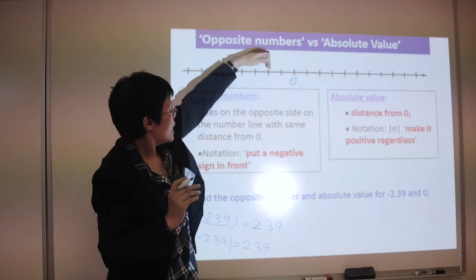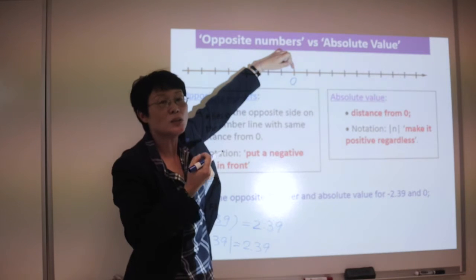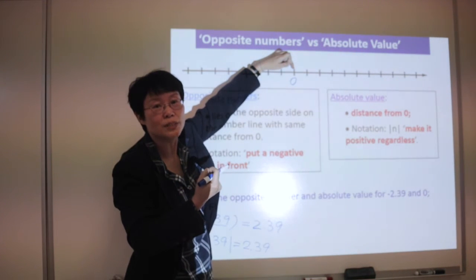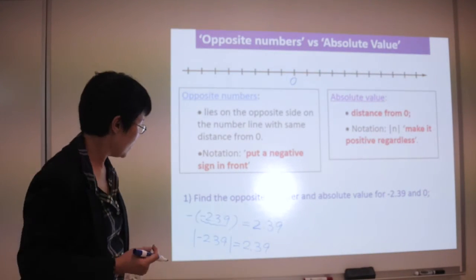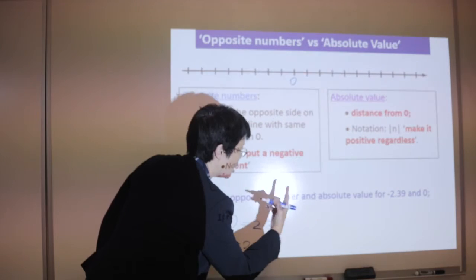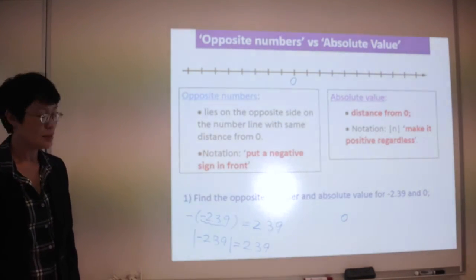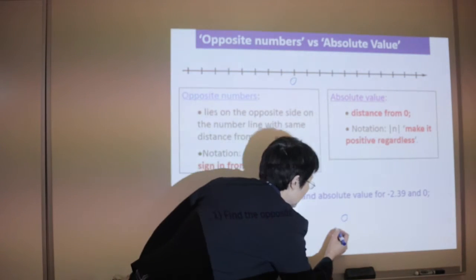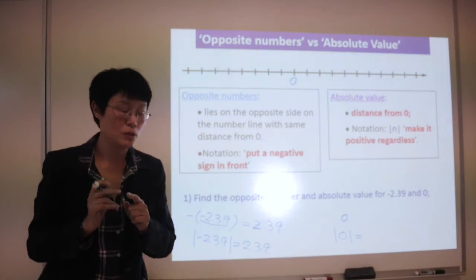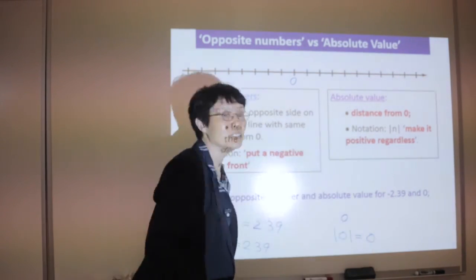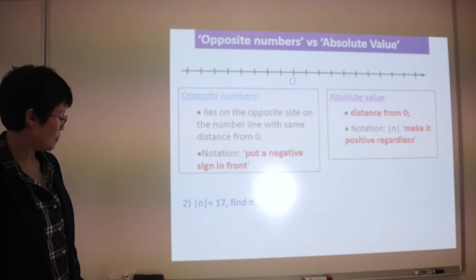The opposite is actually itself, and there's no distance. 0 has no distance from 0 because it is only itself. The distance is 0. So in this case, the opposite number of 0 is 0. And the absolute value of 0, which means the distance from 0, is also 0. 0 is a special number. Remember that.